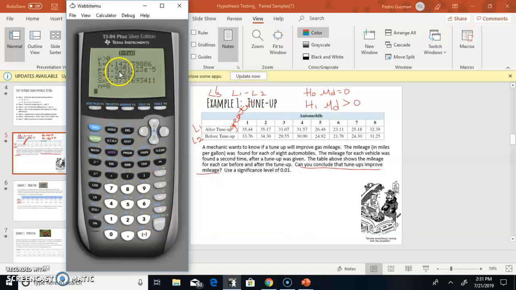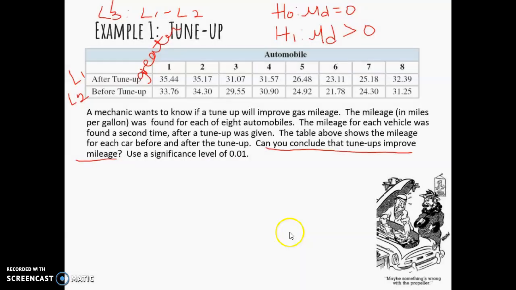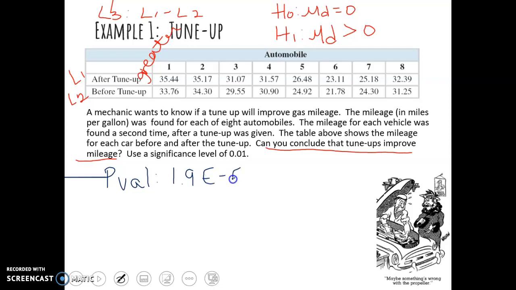And it looks like I get 1.9 e to the negative 5. So that's 0.00019.